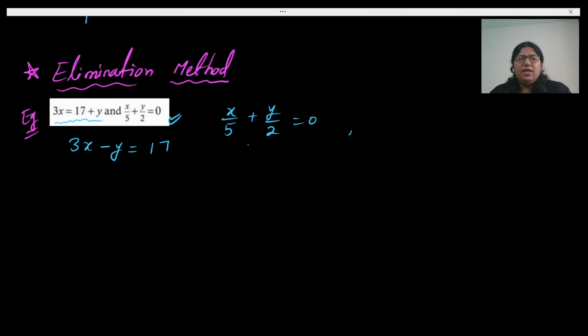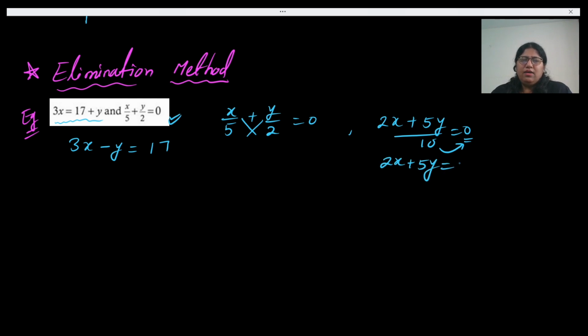The LCM is 10, so you get 2x plus 5y by 10 is equal to 0. Now the right hand side is 0, and 10 times 0 is 0. So 2x plus 5y is equal to 0 is your other equation. So here I can write down 2x plus 5y is equal to 0.